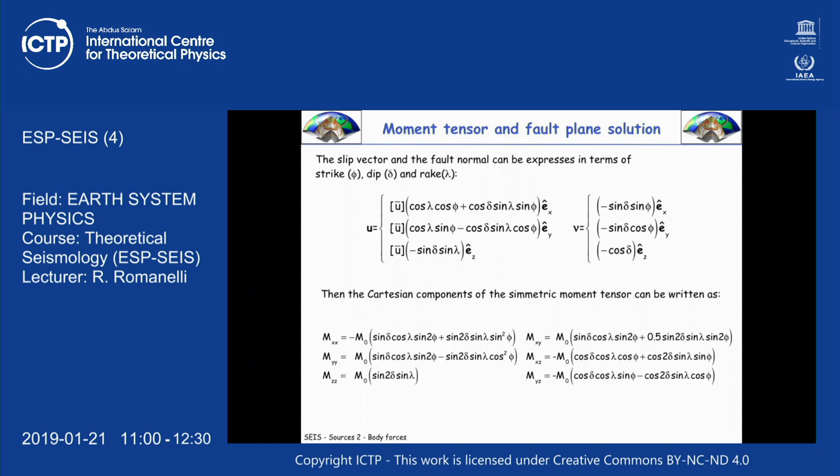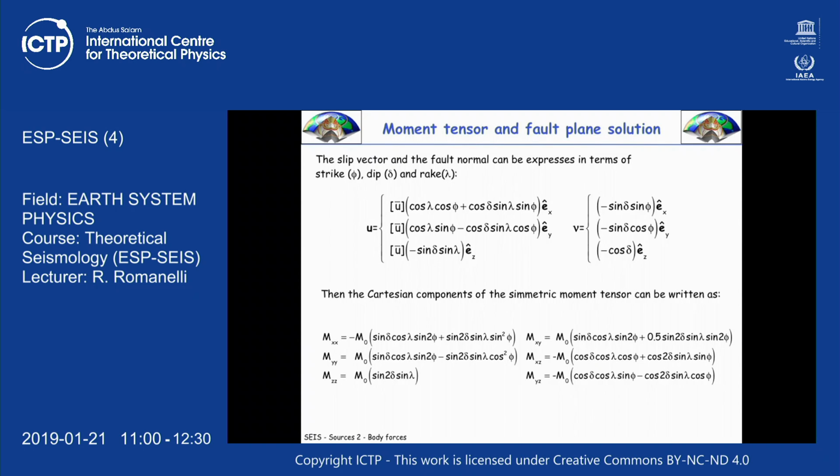They are all equivalent. If you prefer, the only physical description is U and n. But actually, U and n will be an expression of the stresses on the fault, T, P, B. And they are equivalent, thanks to the representation theorem, to a moment tensor, whose components are related to the other ones.